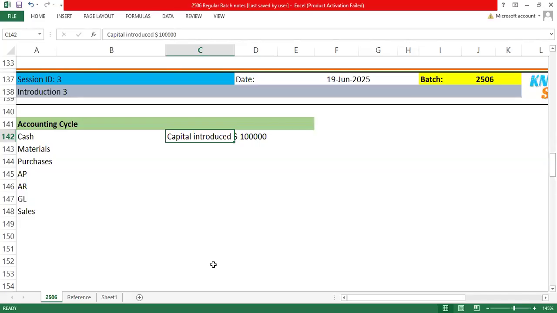Person X has started his business, or he was thinking to start. Then he introduced $100K last month. Once he has that capital, he needs to procure some materials in case he is going to deal with goods related activities. If he wants to sell some goods, he needs to procure some goods.